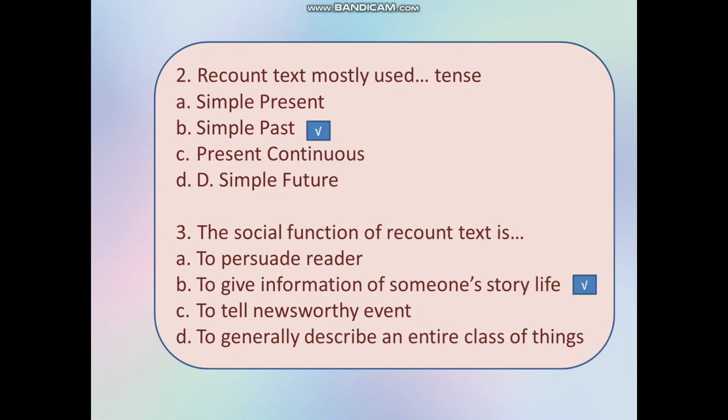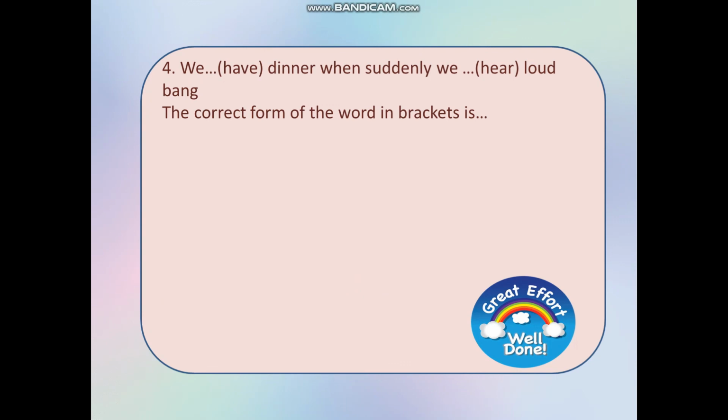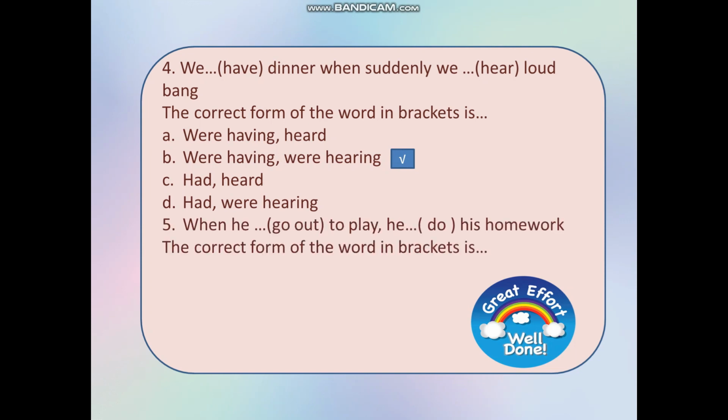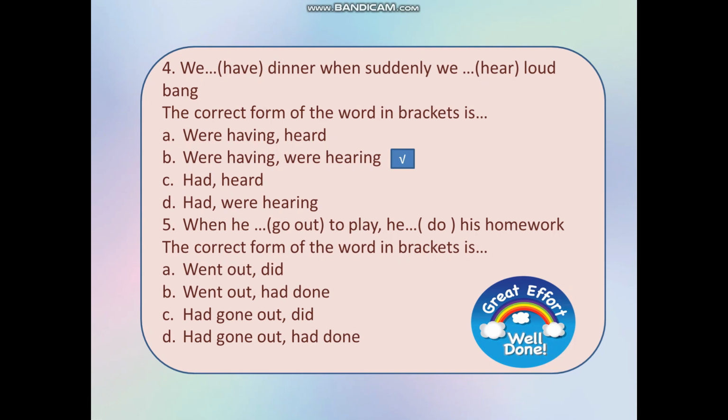The answer is to give information of someone's life. Next, number 4. What is the answer? That's right. The answer is for having and for hearing. And the last one, number 5. What is the answer? The answer is well done and done.